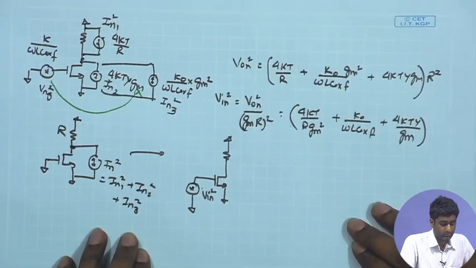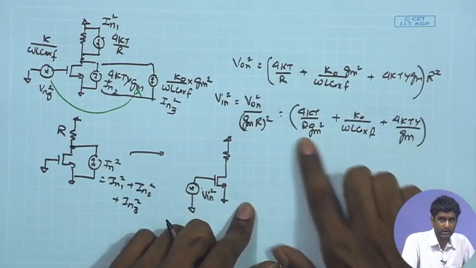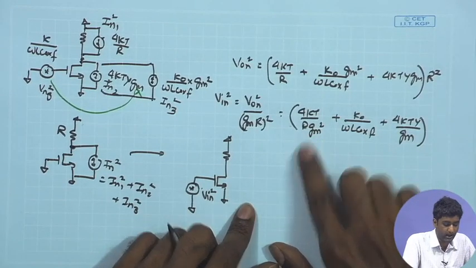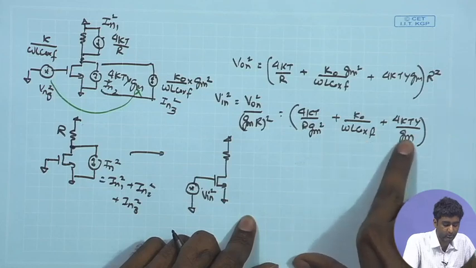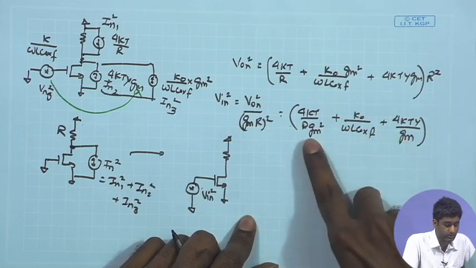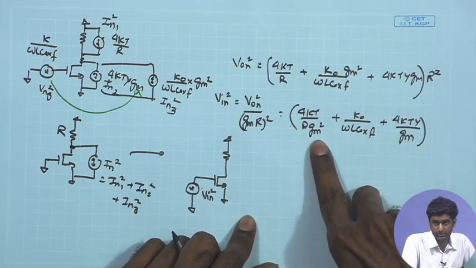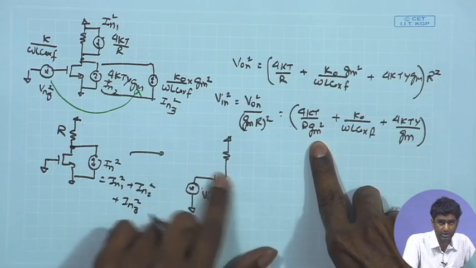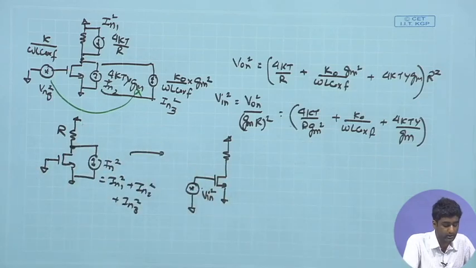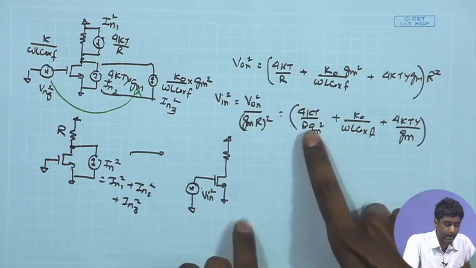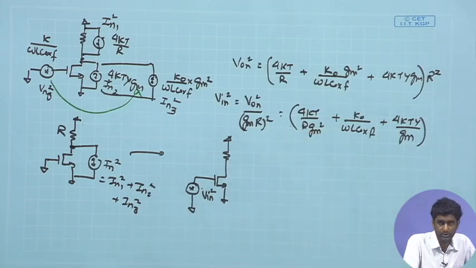And now, if you look at the dependencies in this case, we can look at the GM and the R dependencies. We can see that all throughout we have 1 upon GM dependency over here, 1 upon GM square dependency over here. So, definitely having a larger GM for this device is going to help us in reducing the overall input referred noise. Likewise, if you look at the R term over here, it is coming as a denominator, and therefore, increasing the R term is going to suppress the input referred noise.